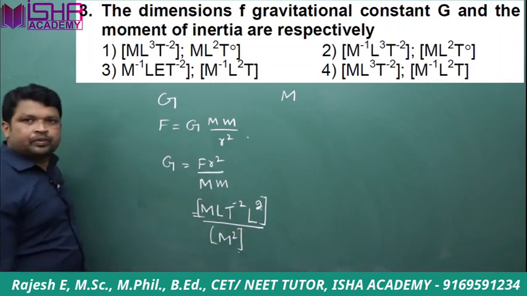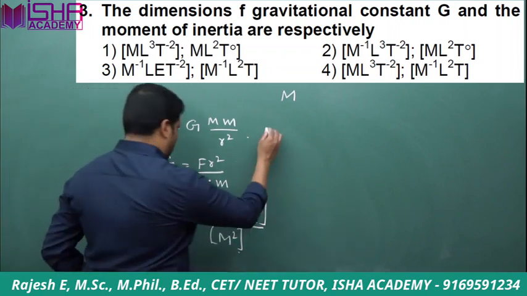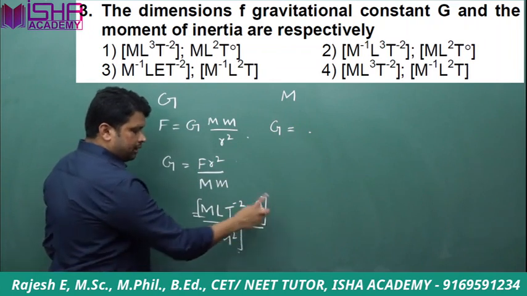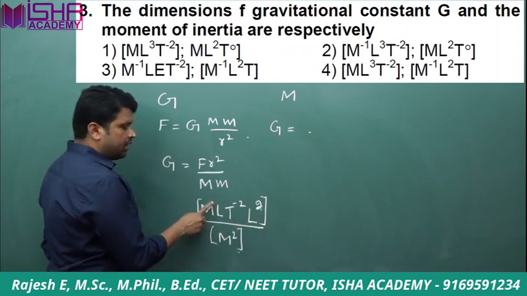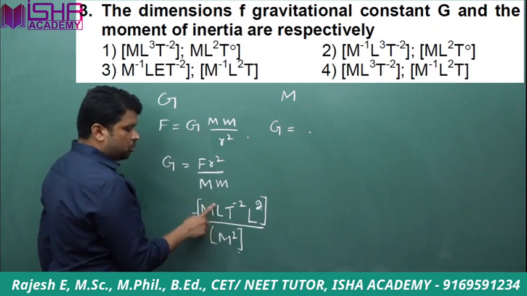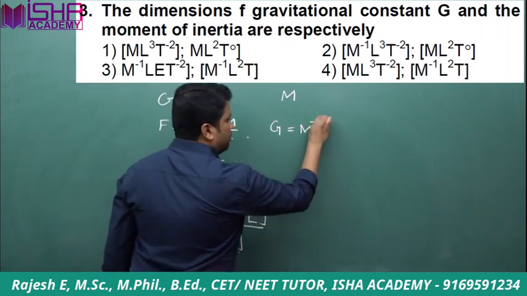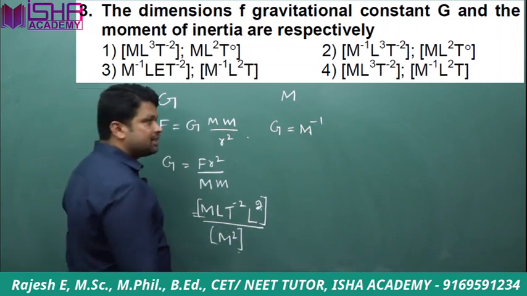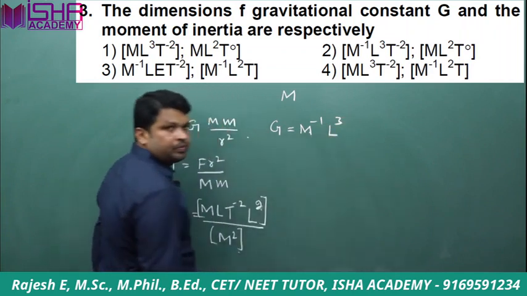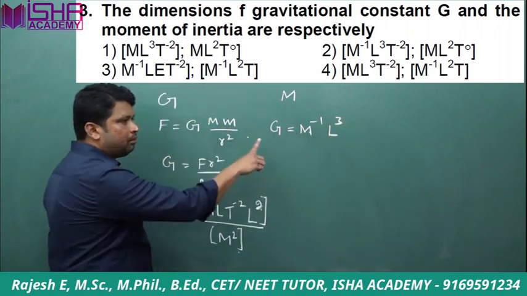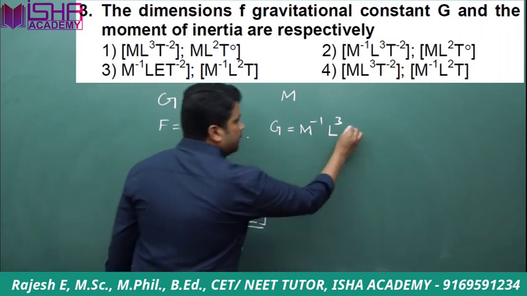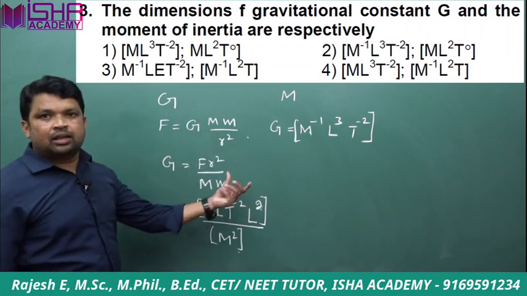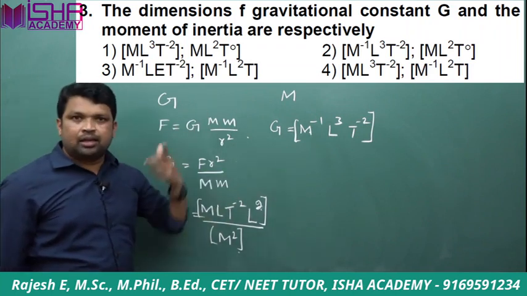So G is equal to, take it to the numerator, this will become M minus 2. Here we have M plus 1. M minus 2, M plus 1 is M minus 1. Next, L plus L square, how much is this? L cube. Right? This is M minus 1, L cube, T minus 2. This is G, the gravitational constant, the dimension formula for the gravitational constant.